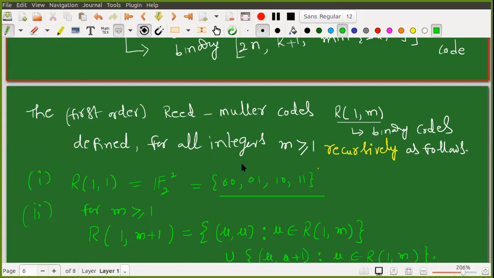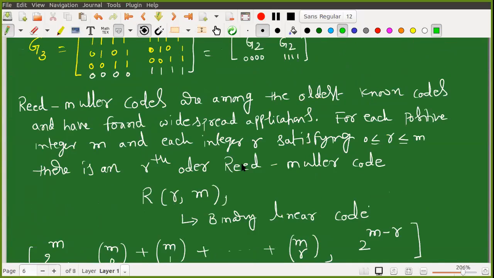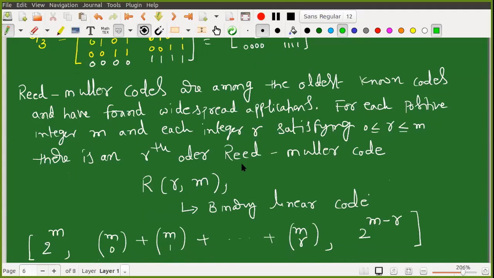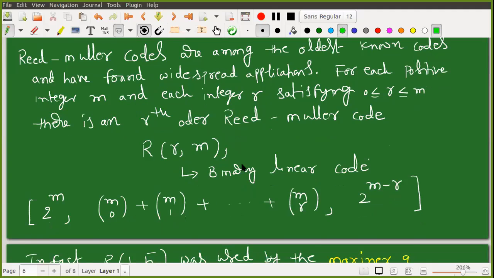So, Reed Muller codes are among the oldest known codes and have found widespread applications. For each positive integer m and for each integer r satisfying 0 less than or equal to r less than or equal to m, there is an rth order Reed Muller code. It is a binary linear code. The n value is 2 power m and k is mC0 plus mC1 up to mCr.